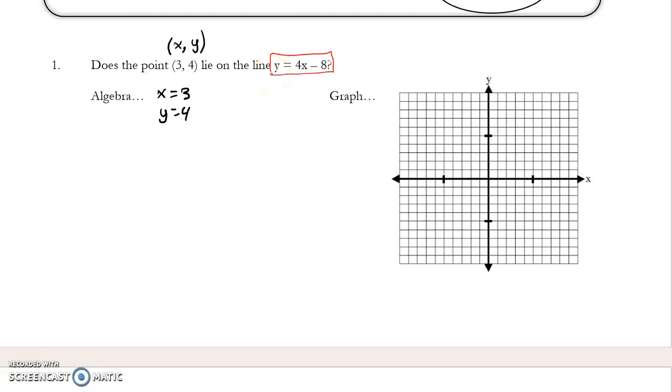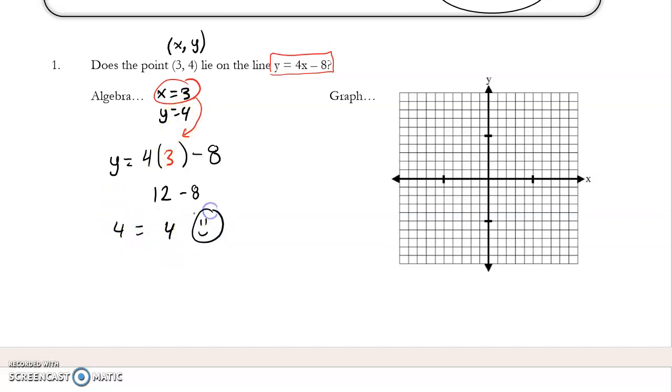Well, that's like checking our function rules. If I input 3 into this function, does y equal 4? So if I take 3 and input it in for x, I get 12 minus 8, I get 4, and yeah, guess what? 4 is equal to 4.